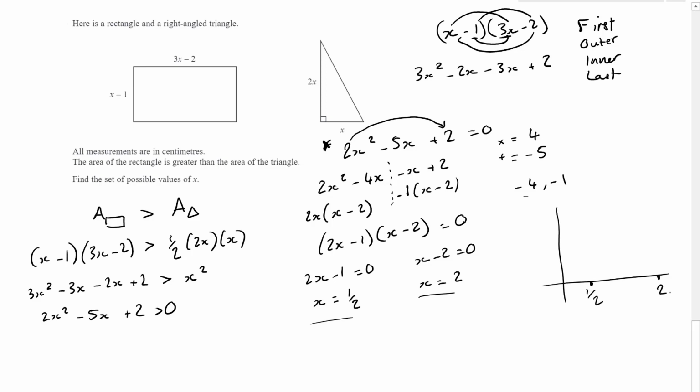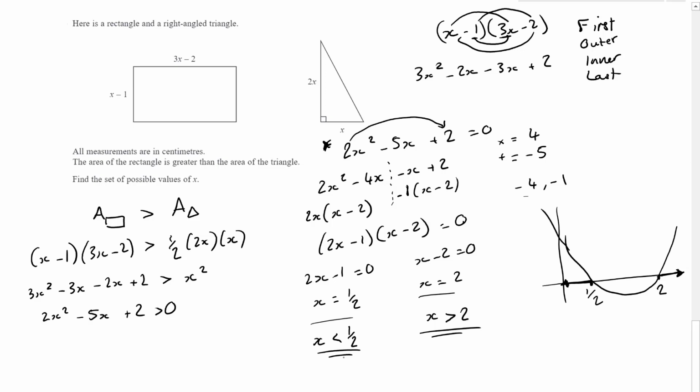The limits on this are x is a half and x is 2, and this would be your kind of quadratic that you'd get, and because this whole thing is greater than 0, it means that we have to look at everything greater than 2 and everything less than 1/2. Okay, so the solutions would give us that x is less than 1/2 and that x is greater than 2.